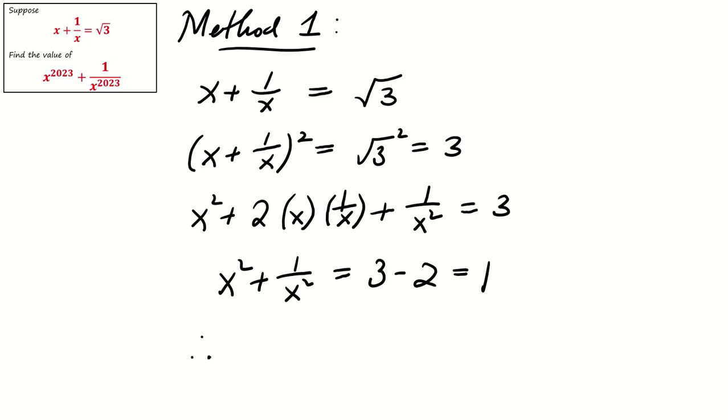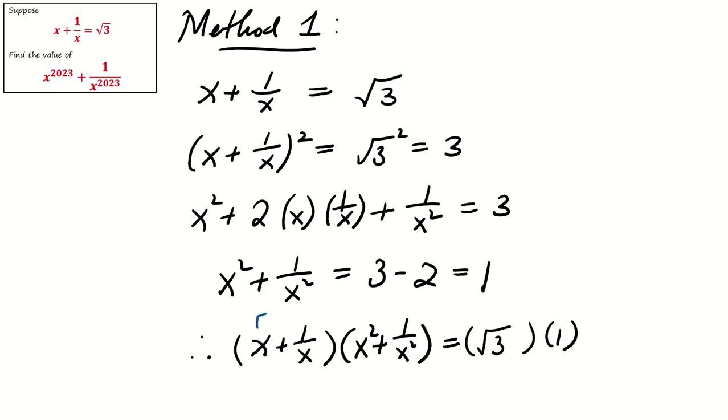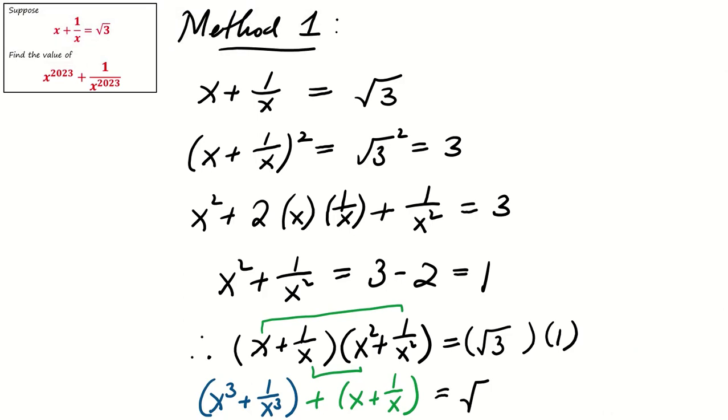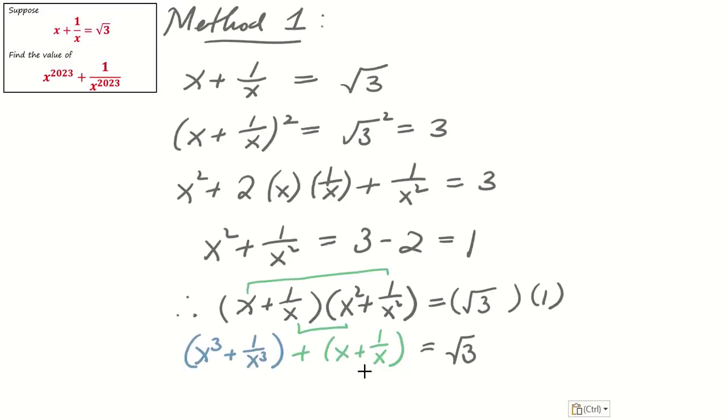Building on this newfound expression, we consider the expansion of x squared plus 1 over x squared times x plus 1 over x, which equals square root 3 times 1. On the left hand side, the expansion gives x power 3 plus 1 over x power 3 plus x plus 1 over x. Recall that x plus 1 over x equals square root 3.